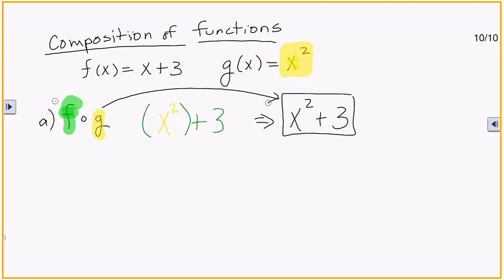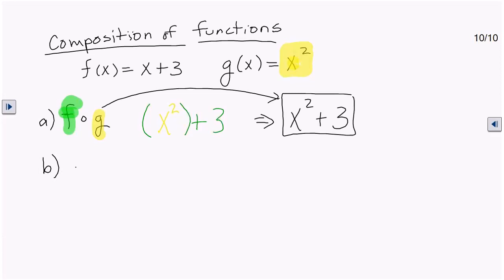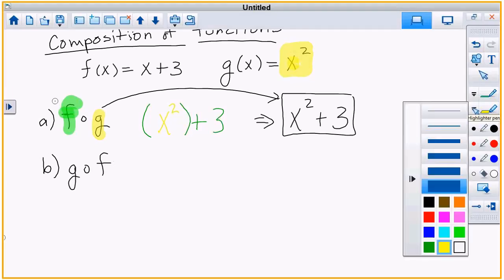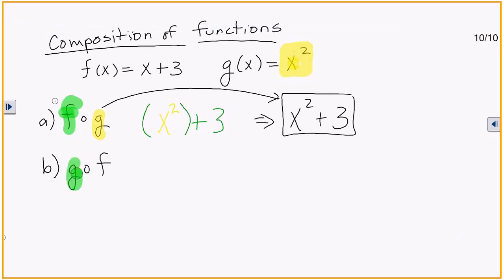Now I'm going to do G of F. G of F is g composed of F. So now I'm going to take my handy dandy highlighter and highlight G because I'm going to rewrite G with a big set of parentheses.